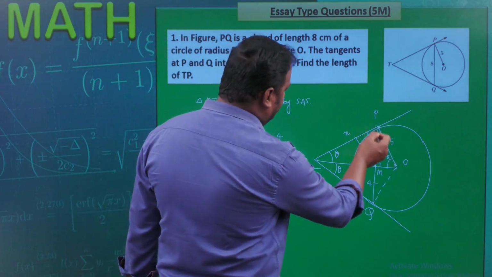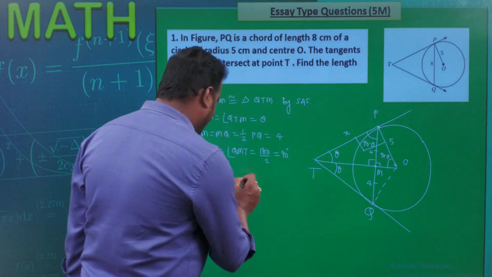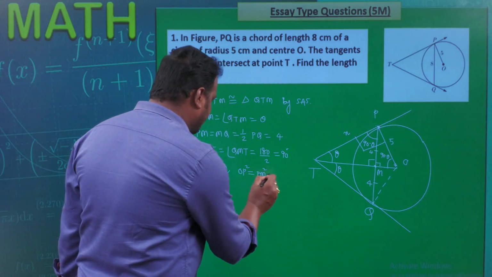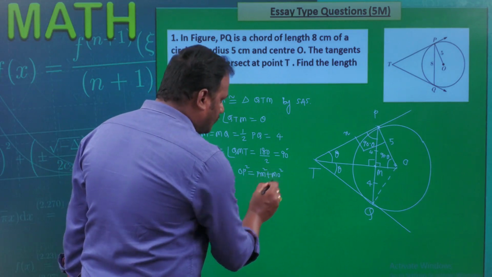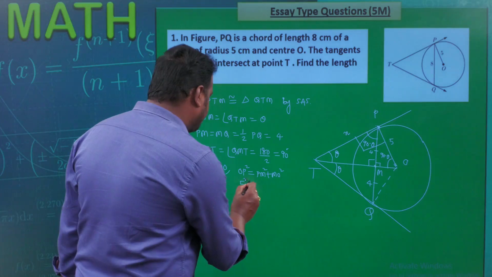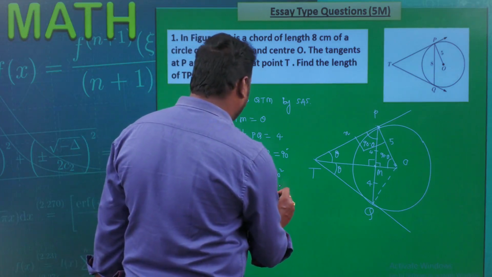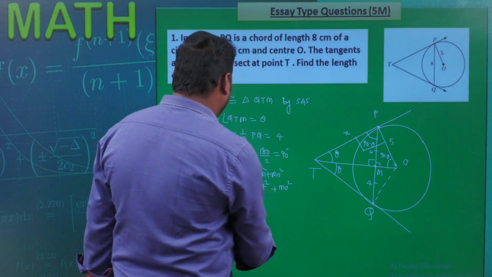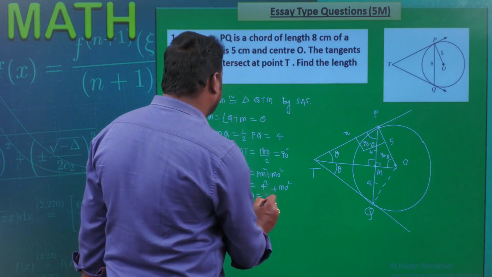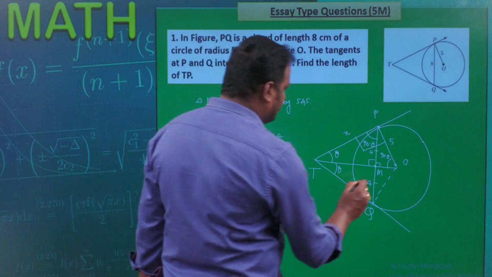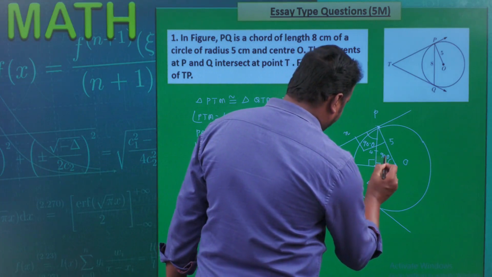So OP square is equal to PM square plus MO square. OP is equal to 5. So 5 square is equal to PM square, which is 4 square, plus MO square. Therefore, we can say that MO is equal to 3 centimeters. So this is 3 centimeters. I am writing it directly there.